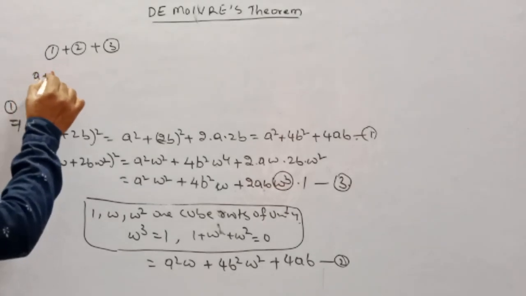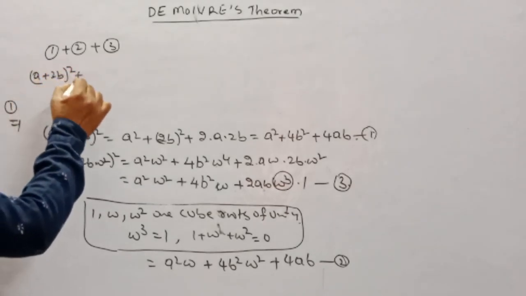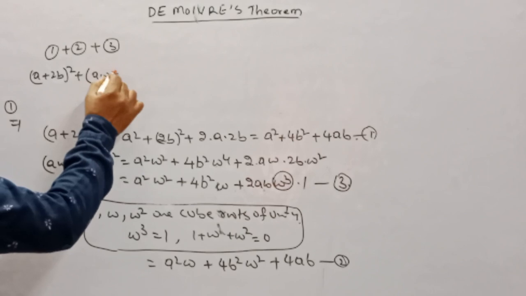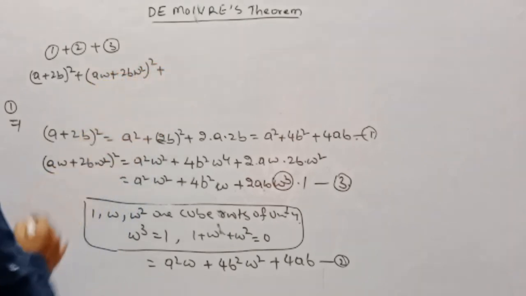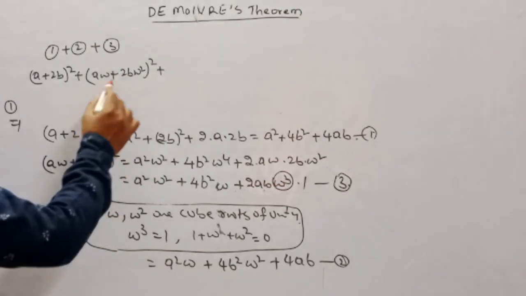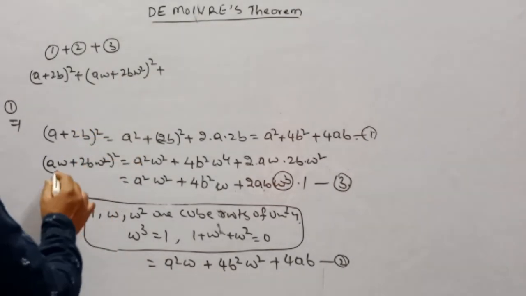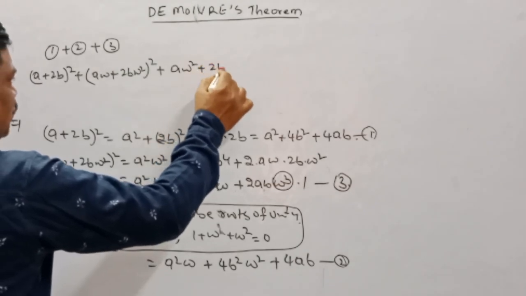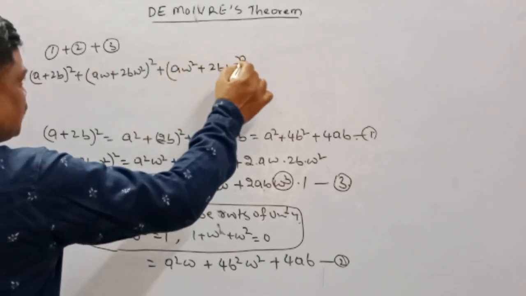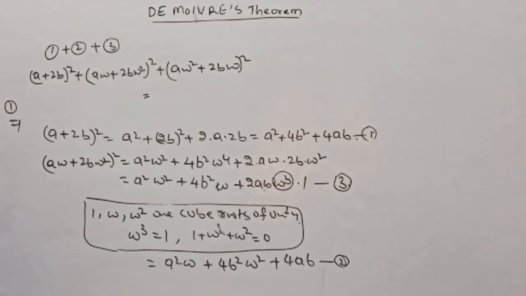That is (a + 2b) whole square plus (a omega square + 2b omega) whole square plus (a omega + 2b omega square) whole square is equal to what?